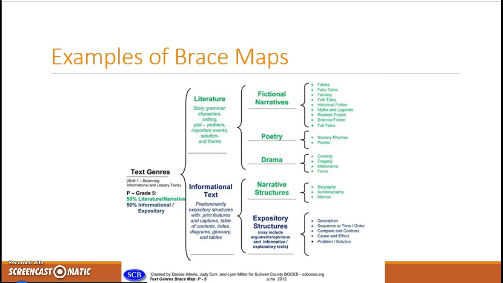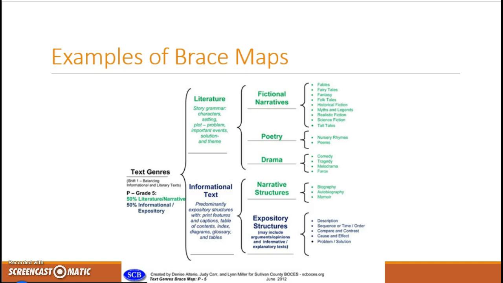We can also use this map in literature study by examining the parts of text genre. Here you can see that the text genre texts are divided into literature and informational text, and then those are subdivided, or the parts of those are, in literature, fictional narratives, poetry, and drama.